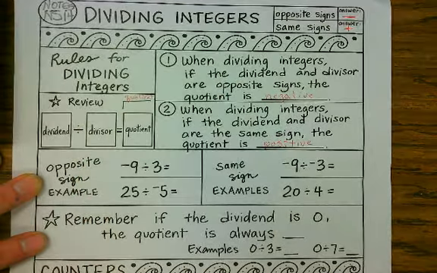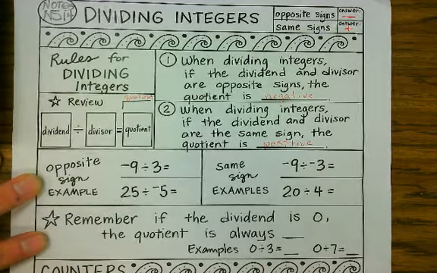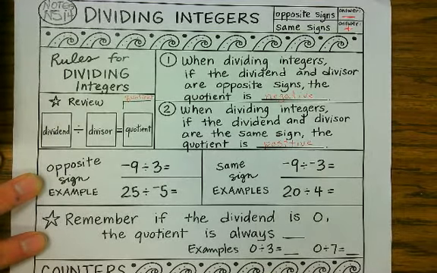When we're multiplying and dividing, our quotient for dividing is the same as our product for multiplying. A negative and a negative is a positive. A positive and a positive equals a positive. And a negative and a positive in any order gives us a negative.